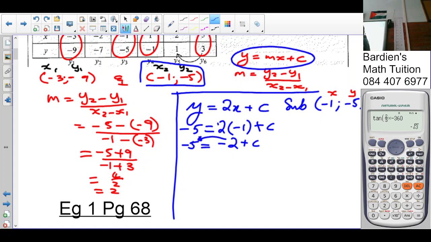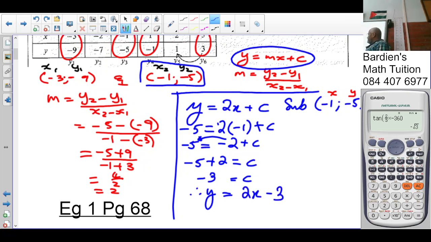So we got -5 plus 2 equals c. So therefore, y equals 2x minus 3. Remember the gradient is 2.